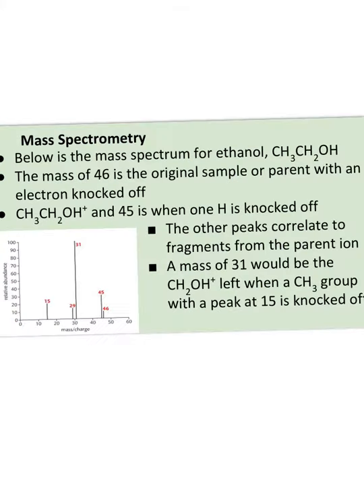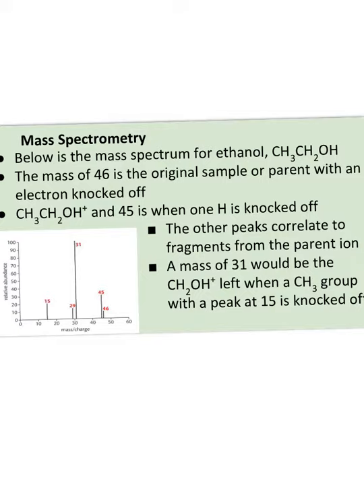So let's look at an example. Below is the mass spectrum for ethanol, CH3CH2OH. The peak with the largest mass is 46. It doesn't have the greatest abundance, but it's got the greatest mass, so I know that's my parent ion with a mass of 46. And then if I look at 45, that's when 1 hydrogen has been knocked off.